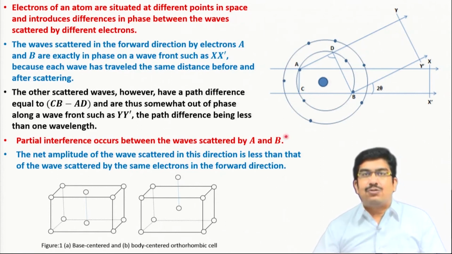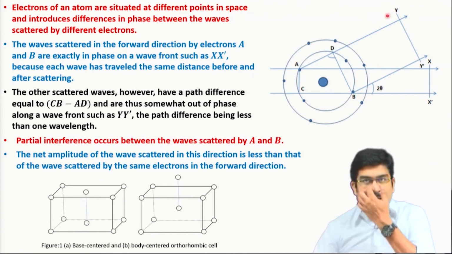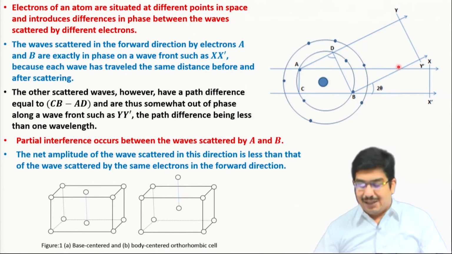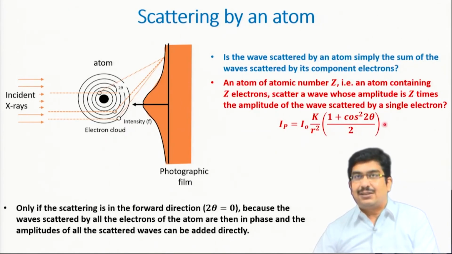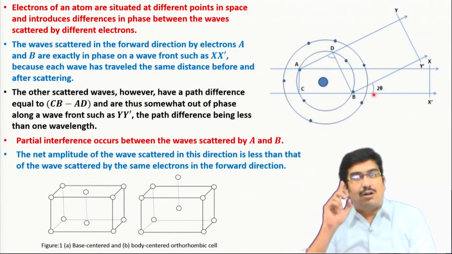So, the net amplitude in this direction will be less than that of the wave scattered by the same electrons in the forward direction. If we calculate the intensity in any direction other than the forward direction, it will have a comparatively lesser intensity, and that is what we have shown here. This is because of waves coming out from two different electrons altogether.